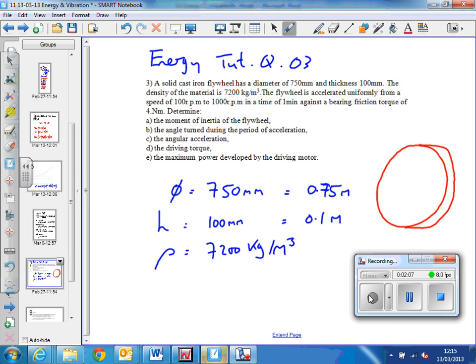So the diameter and the thickness is here, so that's H between there and there, and the diameter. That would make it clear, wouldn't it? Okay, so drawing it is usually a good idea as well.